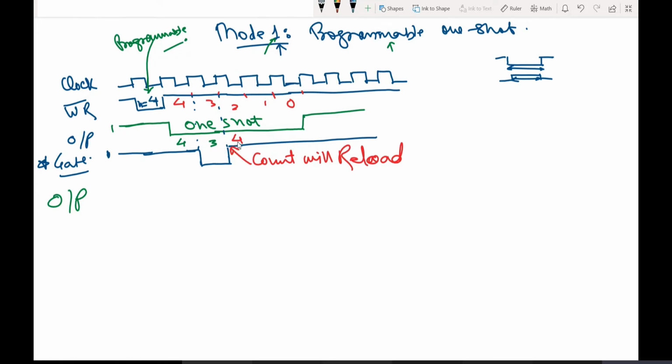So now at this point of time, it has the new count value. Fine. Now the same fashion will be repeated, like 4, 3, 2, 1, and this is 0.